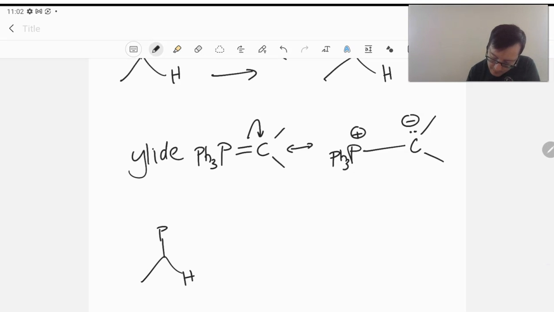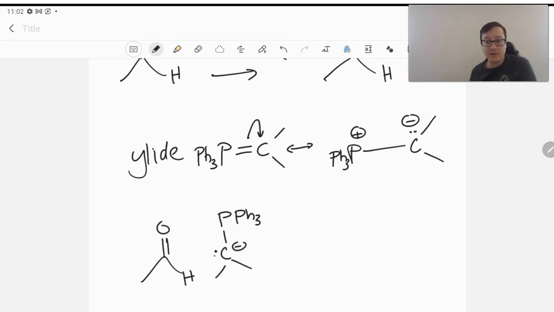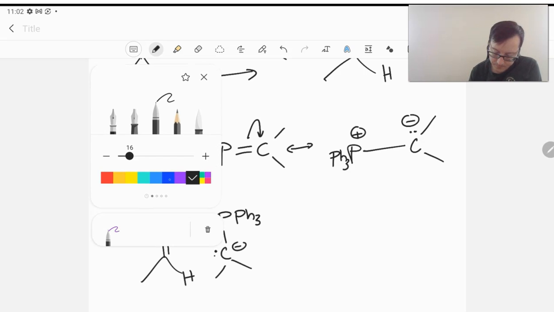So we have our oxygen here. And I'm going to go ahead and draw it as the ylide form with the negative charge there. These 3 phenyl groups don't really matter, so I'm just going to keep them as Ph. They're not really terribly important.